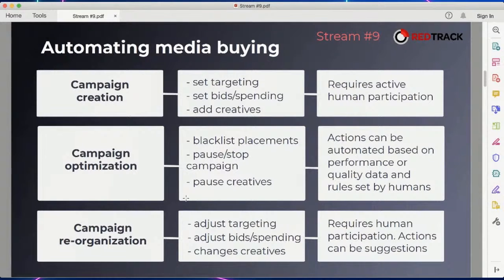And you can easily set the rules: this is not working if my earnings per click is less than X. What's left for the system is to pause the placement or the campaign if the criteria is met, and this is what automation in the first step should be about. Because then you can go to sleep, rest assured that if something goes wrong, you will not lose the money. Then you wake up, you reorganize the campaign and make sure it delivers towards the goals.